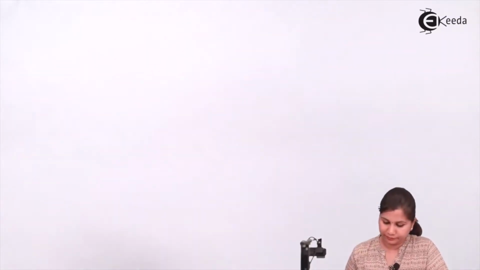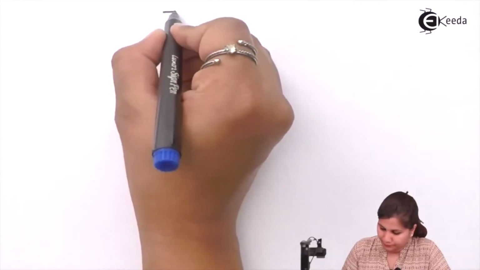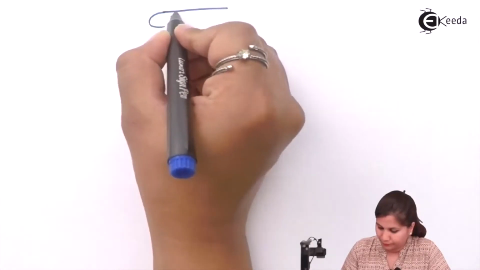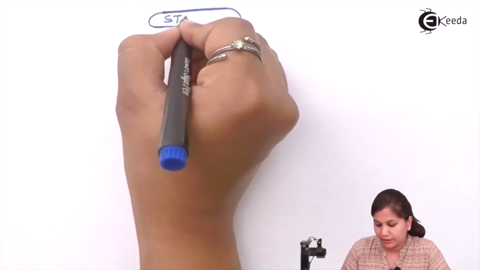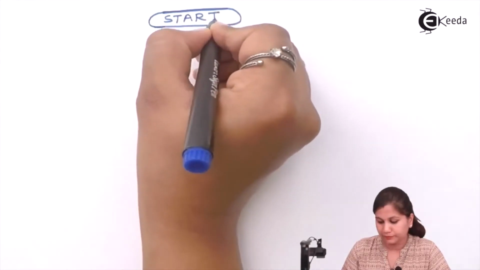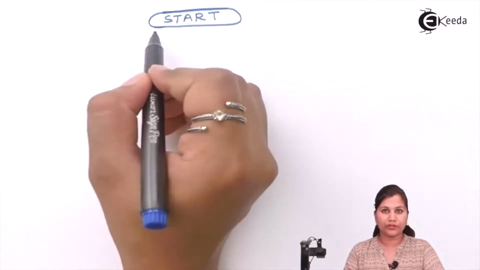Now in the flowchart, the first block is the start block, and this start block is always shown in an oval shape.